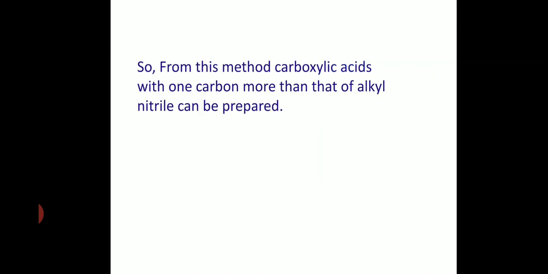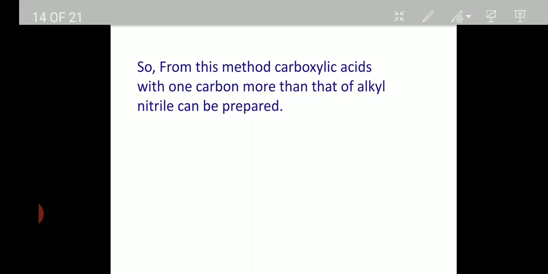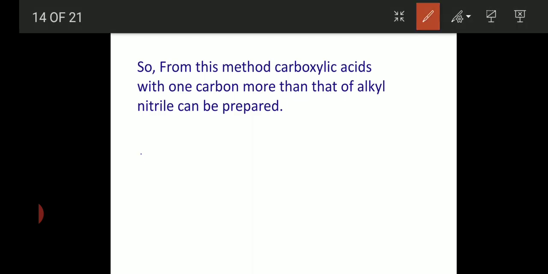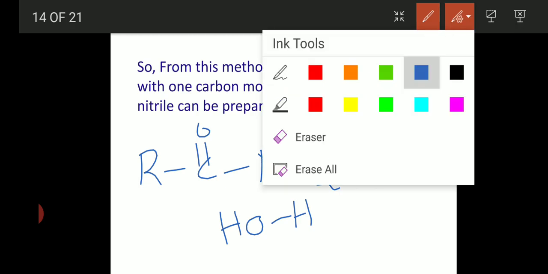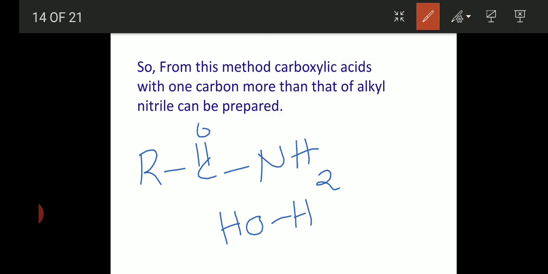So from RCONH2, just imagine with H2O. What is H2O? HO and H. Just remember it like this for simplicity. Connect these two, and connect these two.